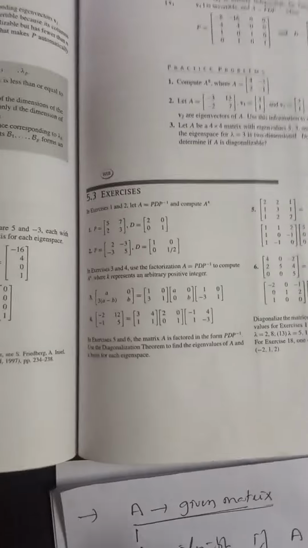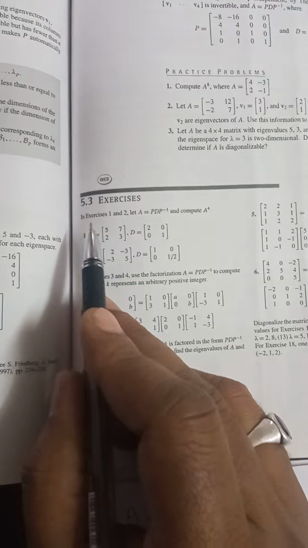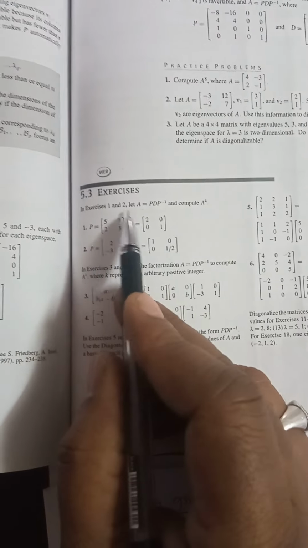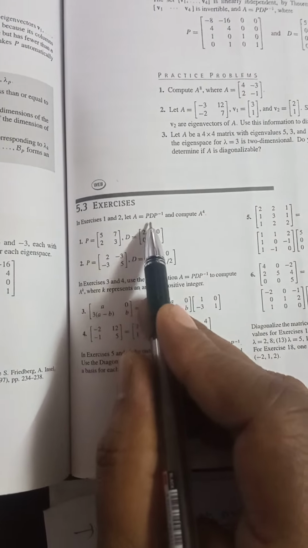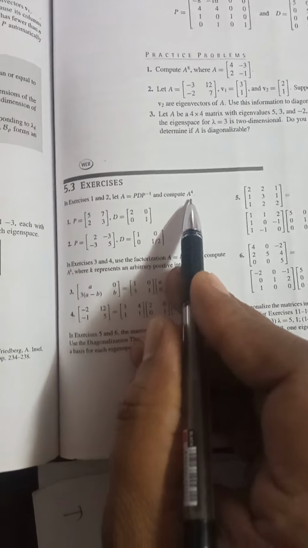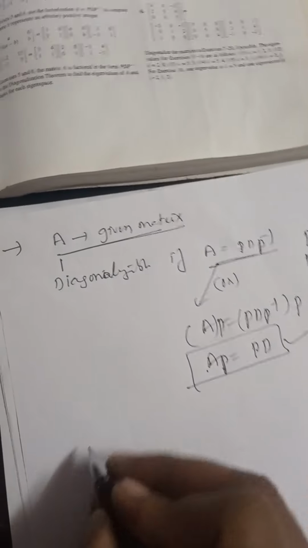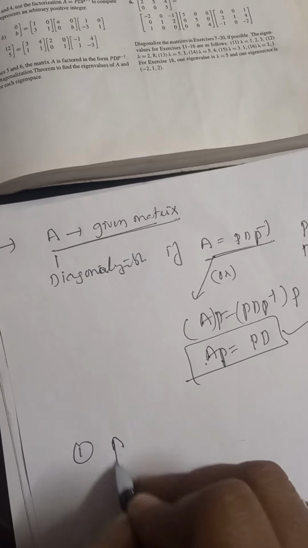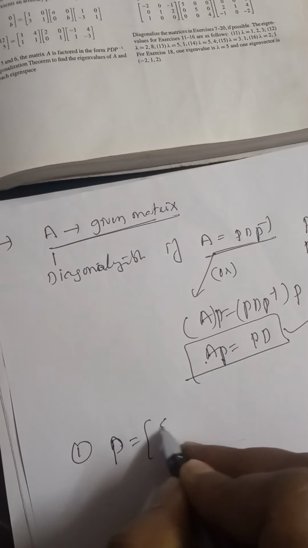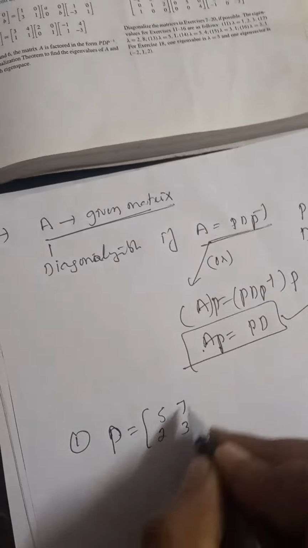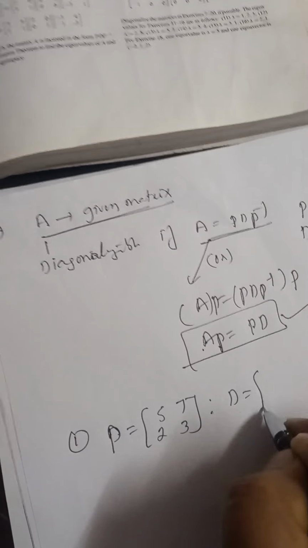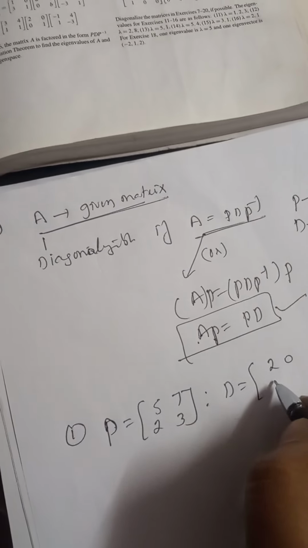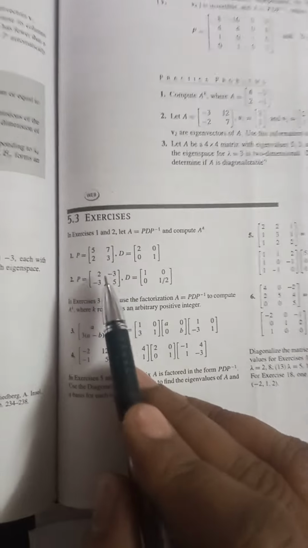Now see, there is one problem in our exercise, first one. In exercise 1 and 2, let A is equal to P D P inverse and then compute A power 4. First problem, P is given as 5, 7, 2, 3, and D is also given as 2, 0, 0, 1. Right? See, this problem we are going to discuss.